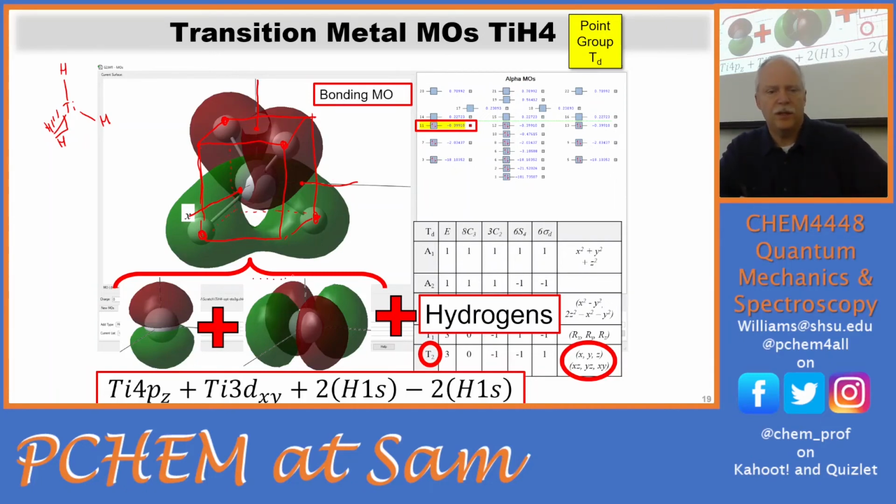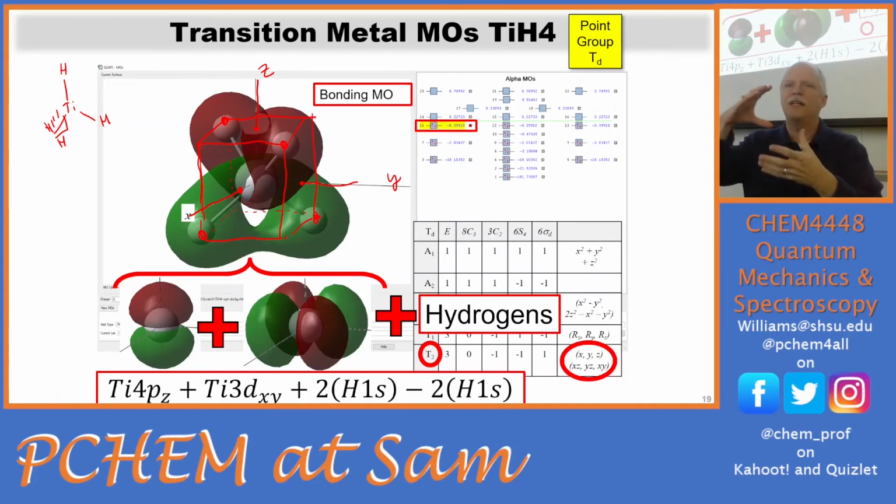And so if we took this p orbital that's in the z direction, so this is x, this is y over here, and this is z up here, and we combine this pz with this 3d xy, think of these lobes of these wave functions as oil and water. Let's say the red one's oily and the green one's watery, and we put these together and the water drops can kind of move, right?